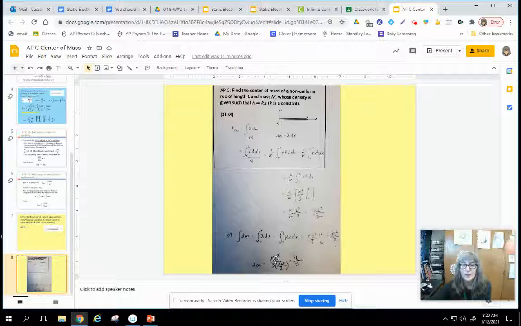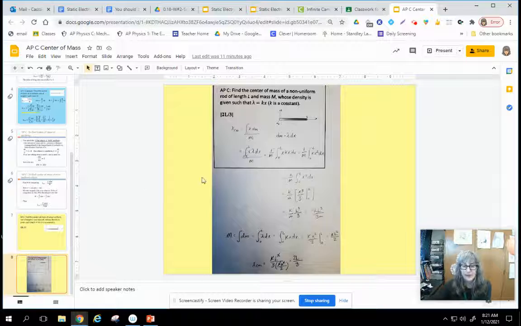Once we cancel all the stuff that can cancel, and dividing by a half, we multiply by the reciprocal. That gives us 2L over 3. So what that means is that our center of mass is 2/3 down this rod, which makes sense because it's more dense, closer to the L end of the rod.